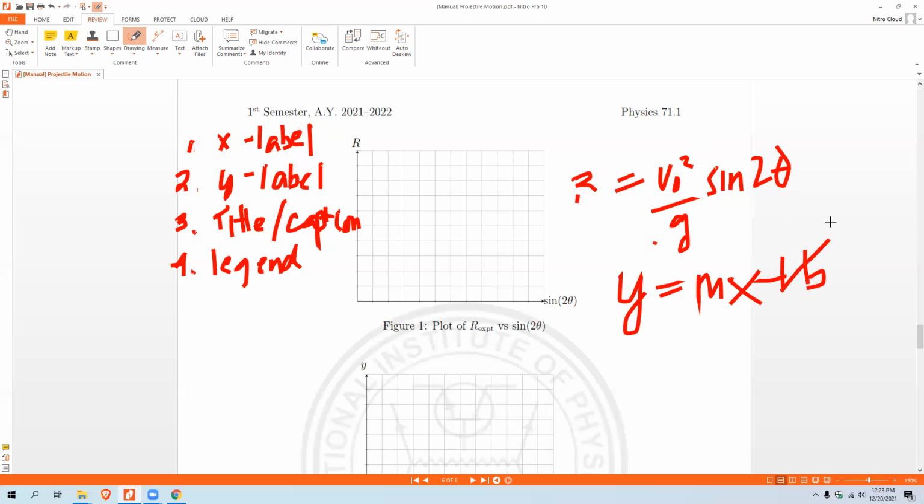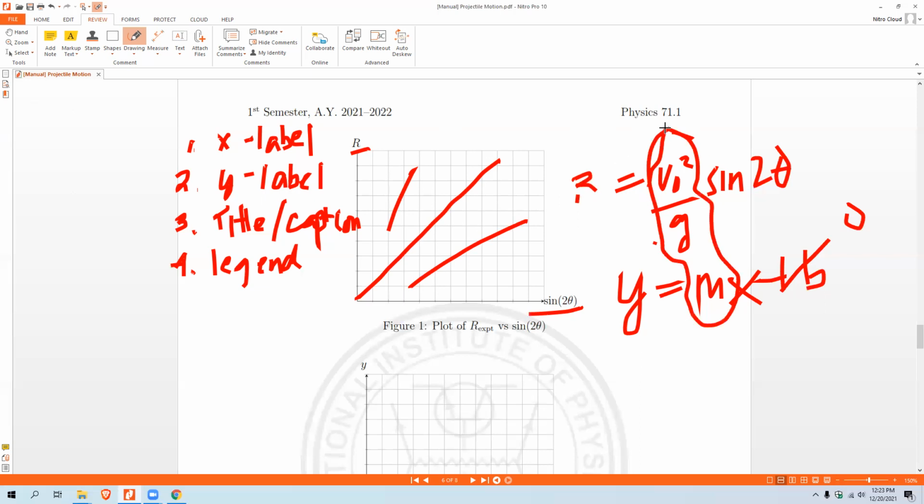So kapag wala itong b na ito, this is just y is equal to mx. So yung x mo is sine 2 theta while yung y mo is R. So dapat ang makuha ninyong graph dito ay graph lang ng isang line. So depende na lang yung slope niya sa value ng m. So yung value ng m mo dito is just your v naught squared over g.